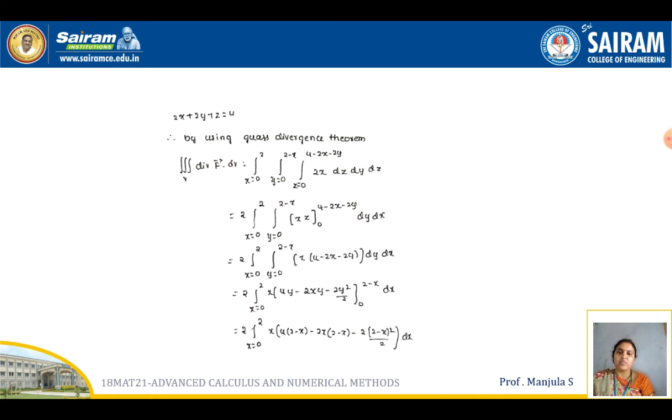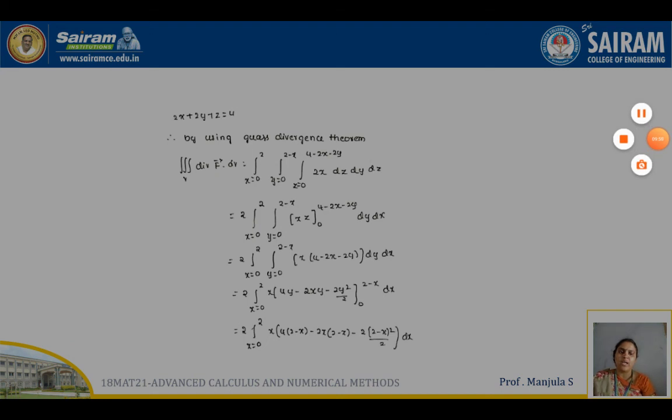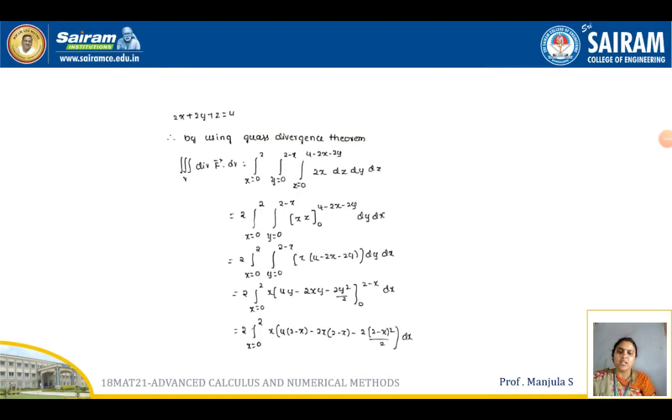So first we'll do the integration with respect to z. So that will become x into z in the inside integral. Limit value is 0 to 4 minus 2x minus 2y. Substitute in place of z. On simplification we are getting x into 4 minus 2x minus 2y. Again for this equation you just do the integration with respect to y and substitute the limits of y, that is 0 to 2 minus x.